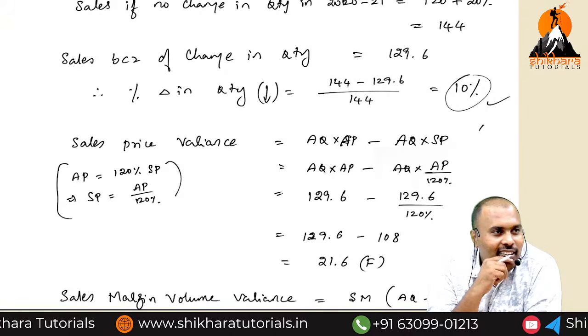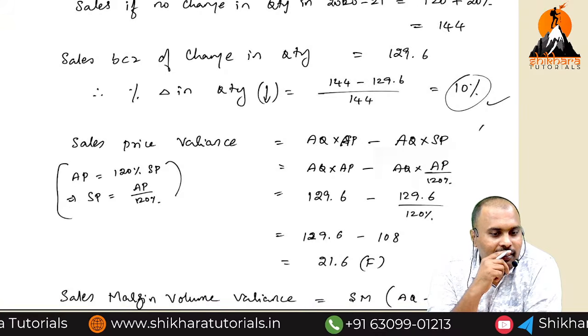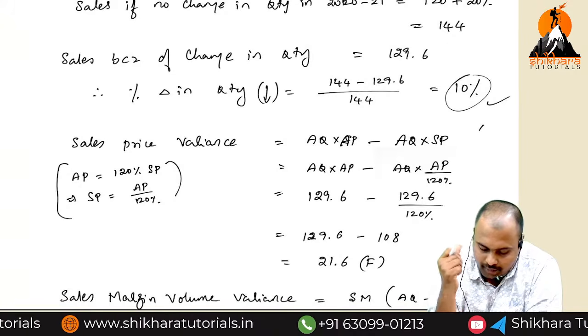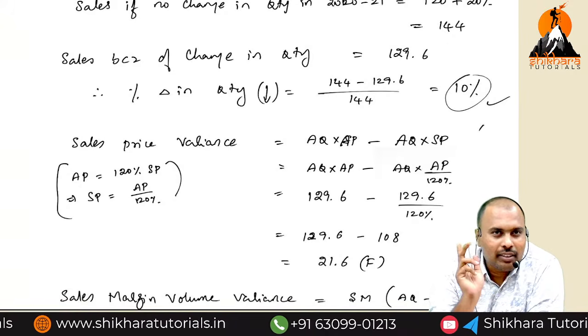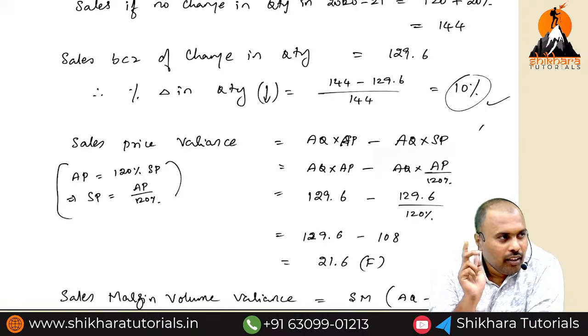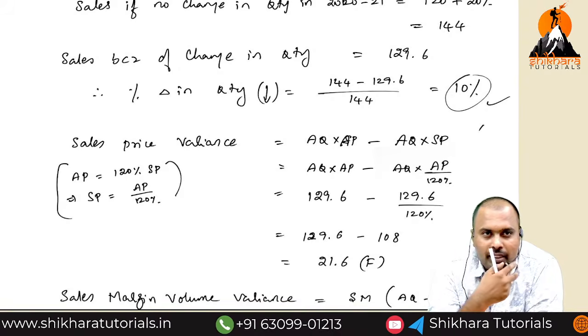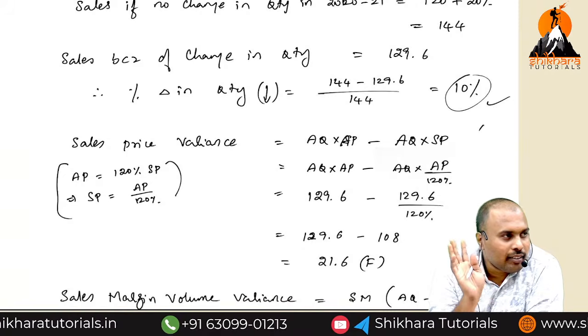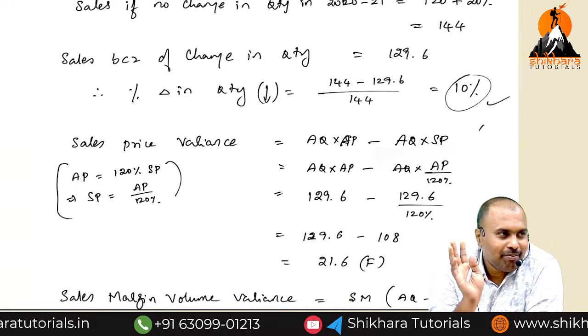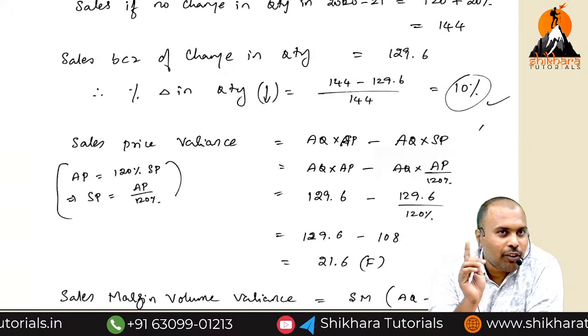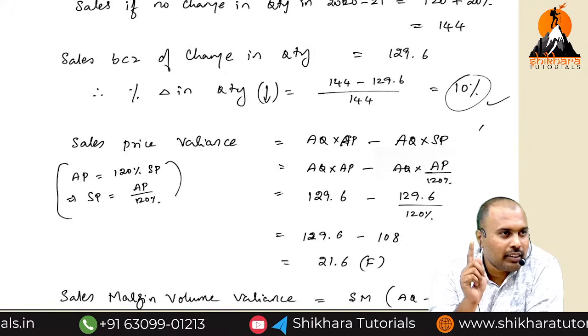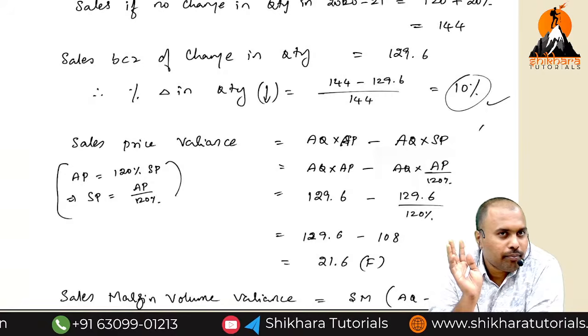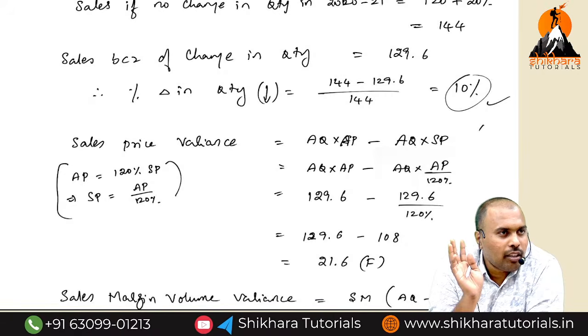Understood or not? Our units is decreasing by 10%, right? If my units is decreasing by 10%, my actual quantity is 10% lower than budgeted quantity. Yes or no?